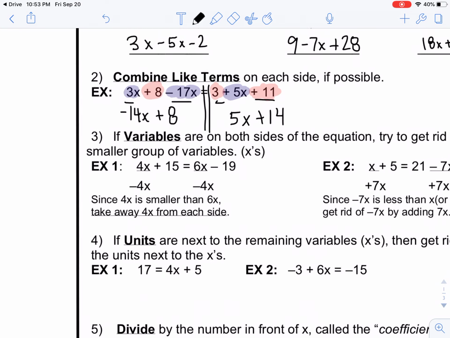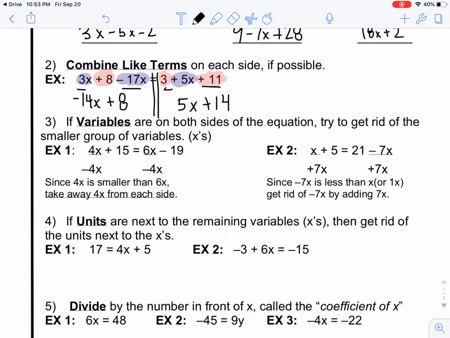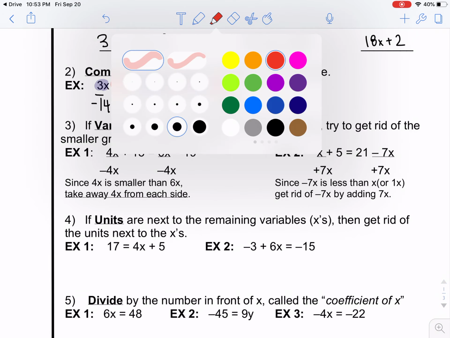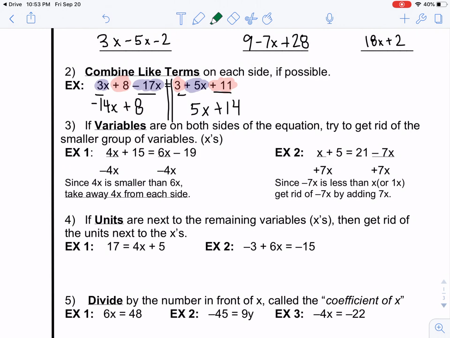Now, after you have combined like terms, our third step is to get the variables on one side. If we have variables on both sides of the equation, we are going to remove the variable on one side. And a key to this is we want to try to get rid of the smaller group of variables.